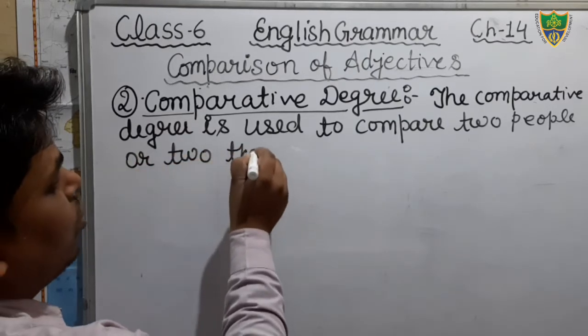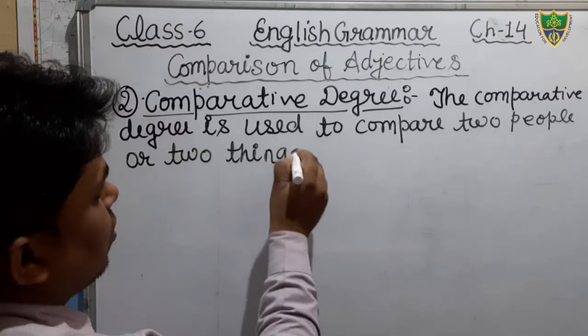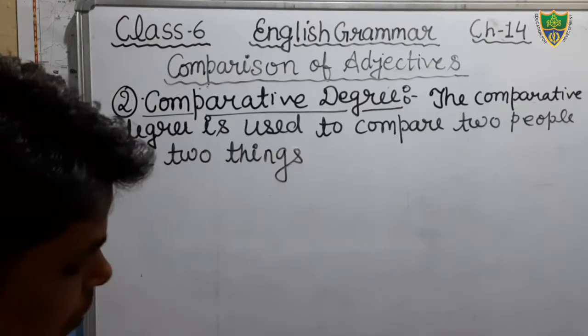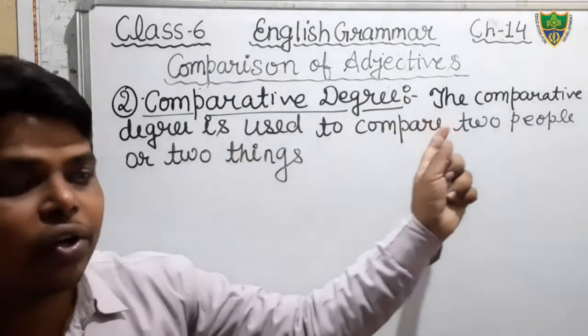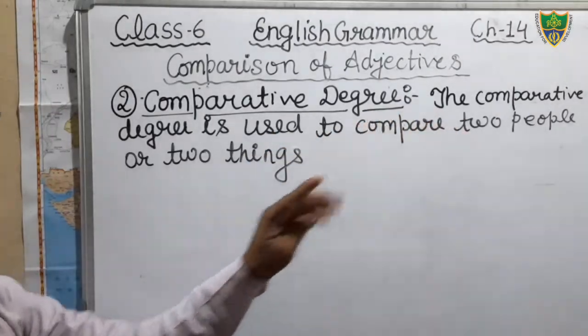Two people or two things. Okay, as I have already told you, in comparative degree we compare two people or two things.